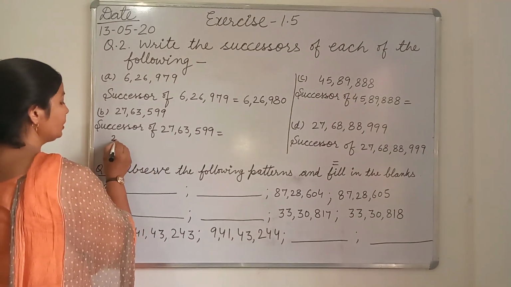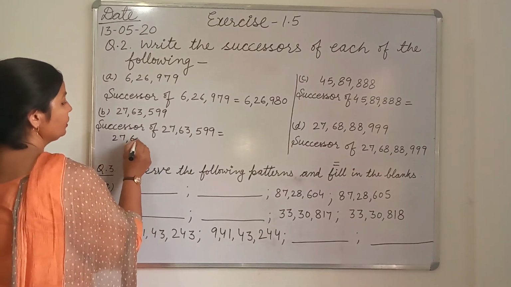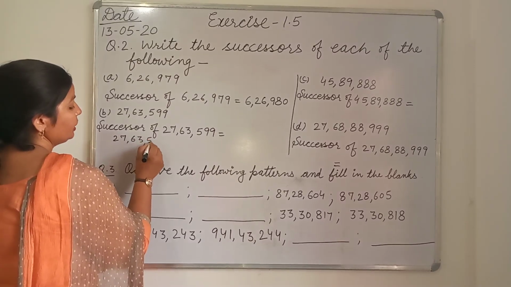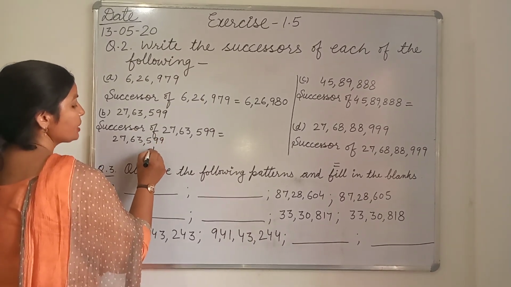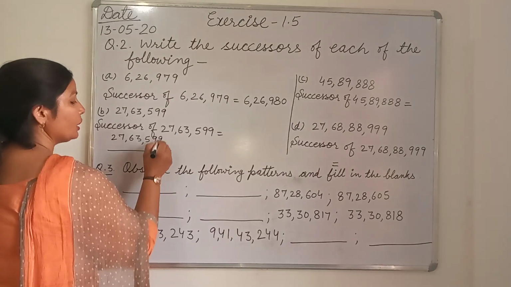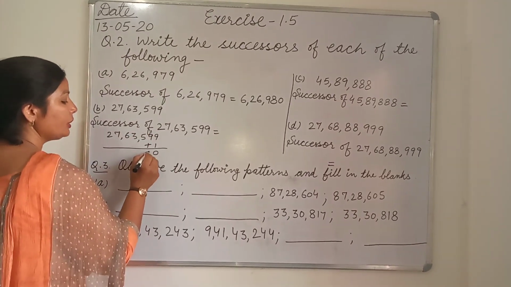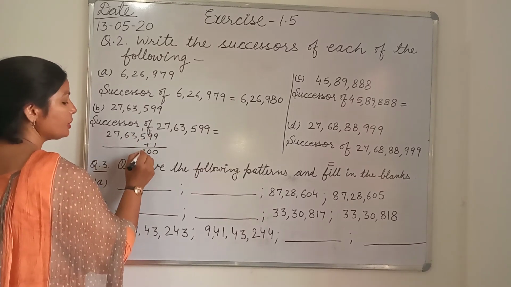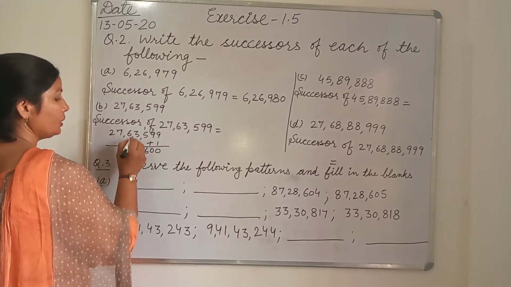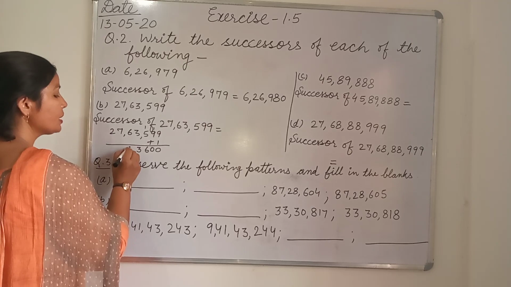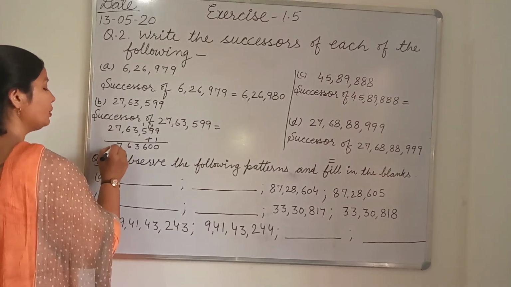So 26,63,599 plus 1. 9 plus 1, 10, 1 goes carry. 9 plus 1, 10, 1 carry. 5 plus 1, 6. There is 3, there is 6, 7, 2.